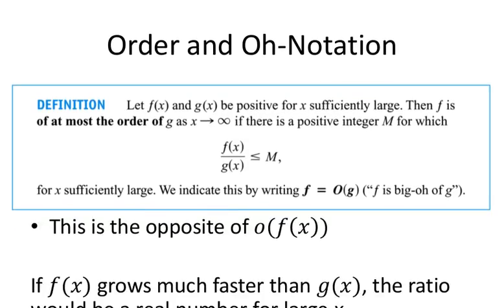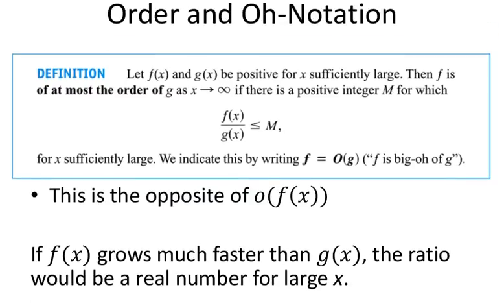There's the opposite of little o, and that's this big O notation. Whereas if you have f of x divided by g of x, and x is a fairly large number, but we're not going to go as far as to say infinite just yet.